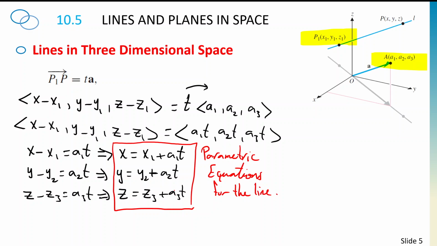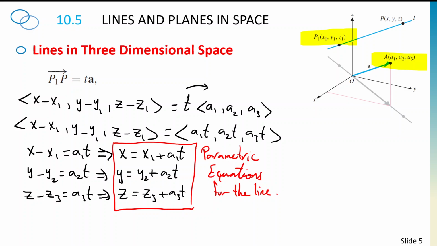Now how did we get these equations? The minimum requirement is one point and one parallel position vector. So the equations look like x equals x1 plus a1t, y equals y1 plus a2t, and z equals z1 plus a3t.